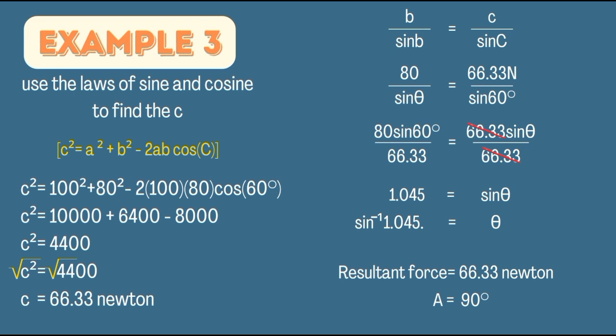So 80 sin 60 degrees divided by 66.33, we will come up with 1.045, which is equal to sin theta, and we will transpose the sin theta, it will become sin negative 1 of 1.045 is equal to theta. Since the sin cannot be bigger than 1, this tells us the angle is close to 90 degrees. So, we will go for 90 degrees for the angle.